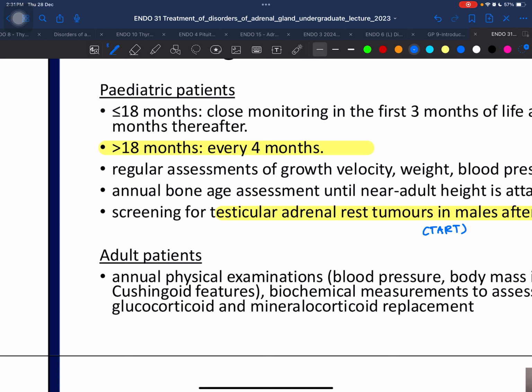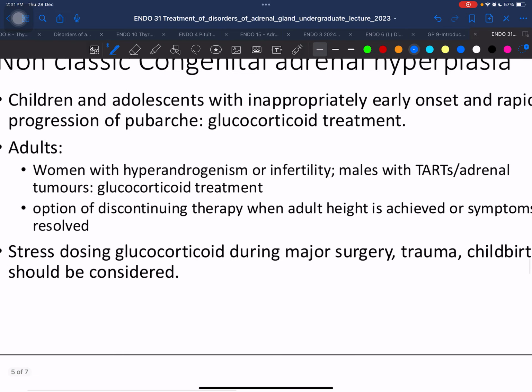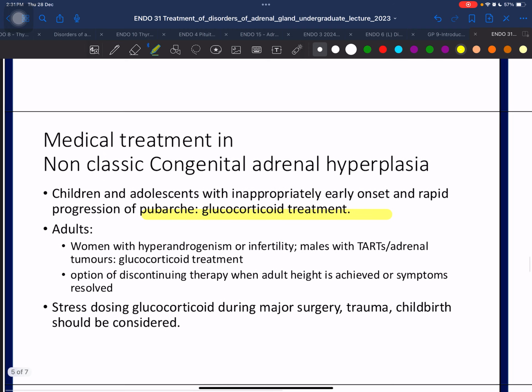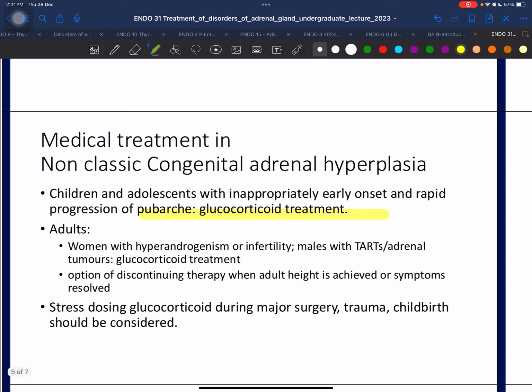So what is the medical treatment in non-classic congenital adrenal hyperplasia, where there's partial hormone deficiency? Usually, children and adolescents with inappropriately early onset and rapid progression of puberty, they will need glucocorticoid treatment. Okay. And adults, it depends on what kind of side effects the patient is having.